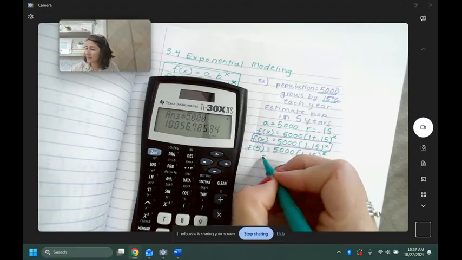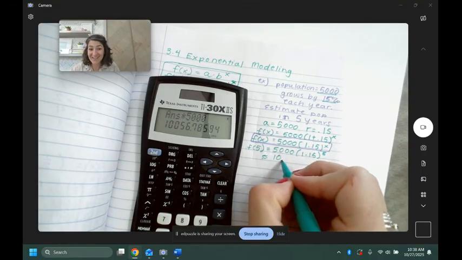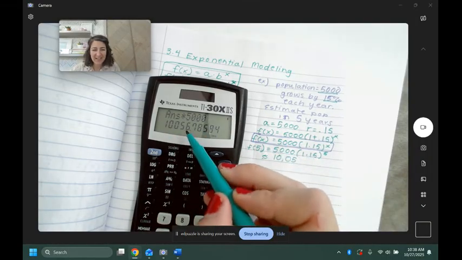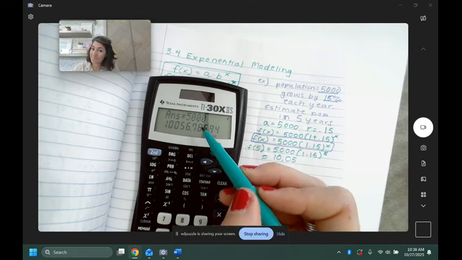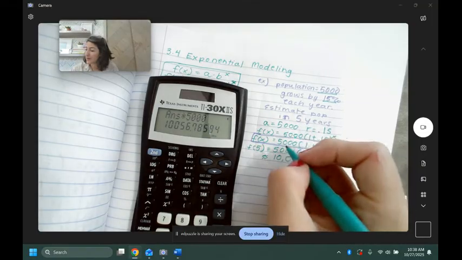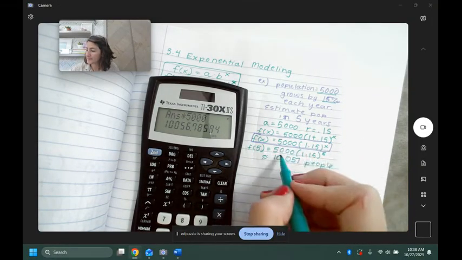So it's estimated that this town will have 10,056.7. Can you have 0.7 of a human? But because the 7 is above 5, let's round that up to 10,057 people.